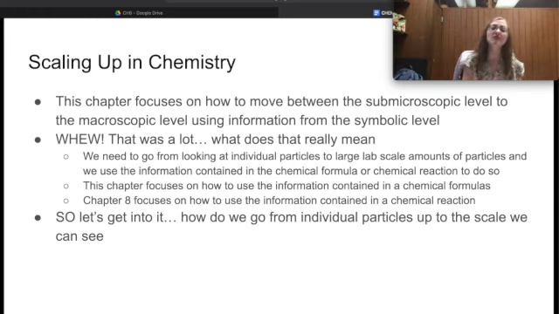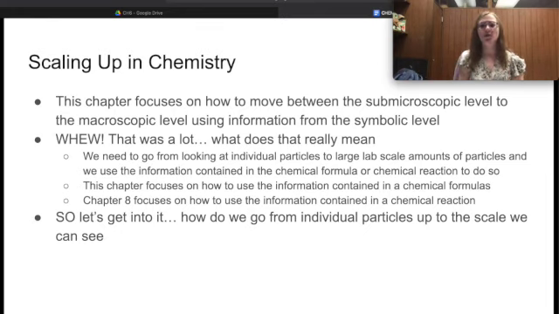And we actually have to use the information contained in the chemical formula or the chemical equation to do this. This chapter focuses on how to use the information contained in the chemical formula. When we get to Chapter 8 in a couple weeks, we'll focus on how to use the information from a chemical reaction. So let's get into it.